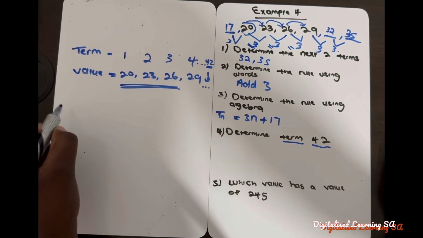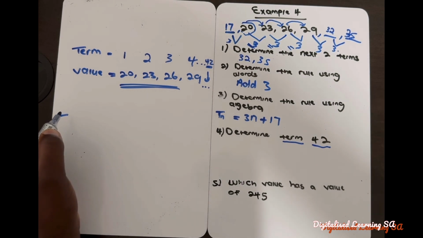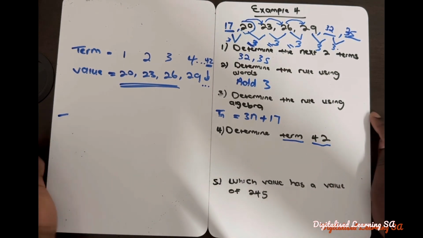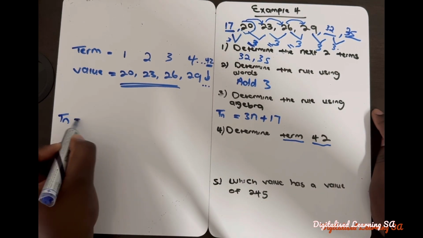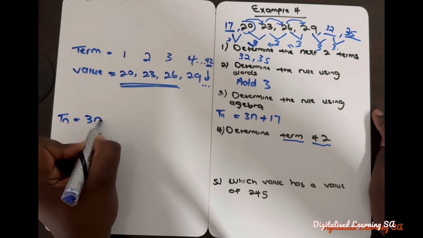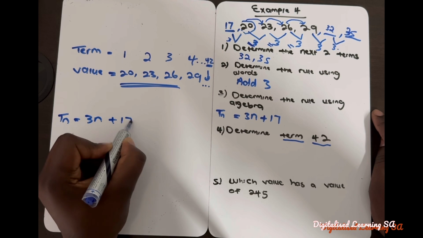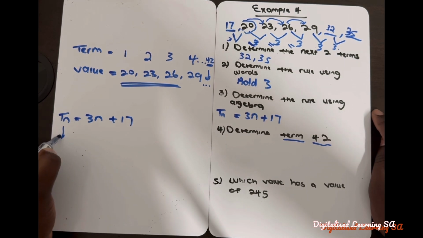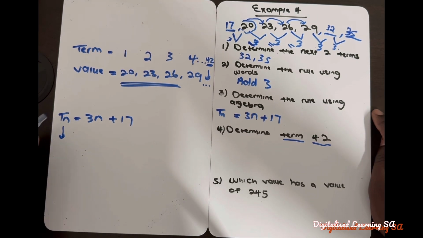And from our algebraic formula here, you need to remember that if you are looking for the value, from 3n plus 17, you need to insert it here.